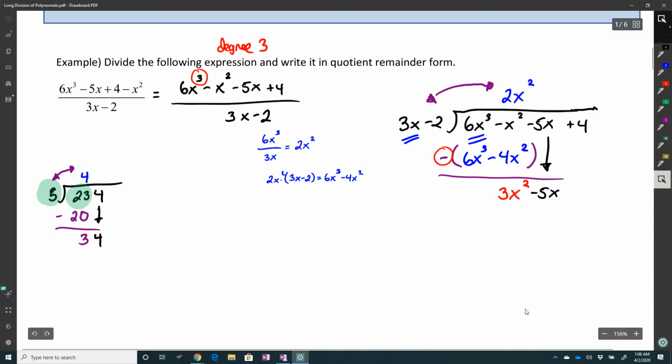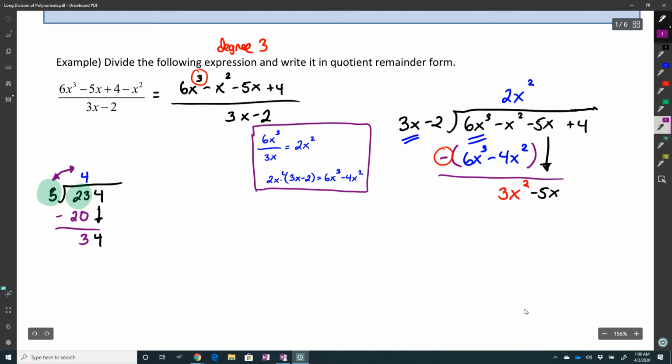So after we're done with that, we repeat the process. We started by, let me erase this, dividing leading terms. So this is one step. So now I'm going to do the same thing. I divide leading terms. My new leading term is 3x squared.